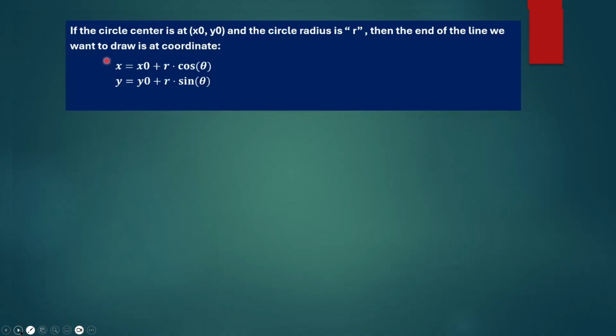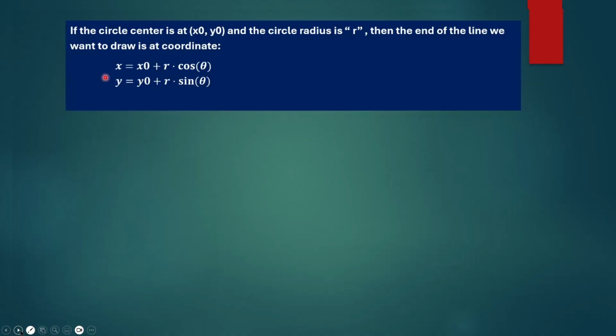The x coordinate is going to be equal to x sub 0 plus r cosine of theta, and the y coordinate is going to be equal to y sub 0 plus r sine of theta.